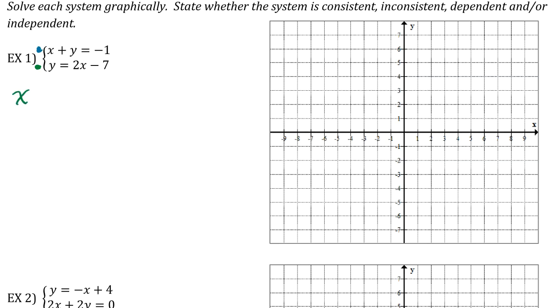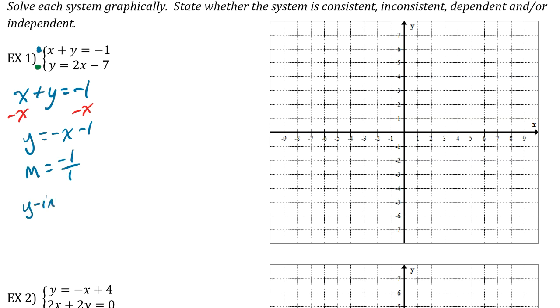So let's start with, already messing up my color coding. There we go. X plus y equals -1. All right, first thing we need to do is subtract x from both sides because y needs to be alone for this to work. So y equals -x minus 1. So we know our slope is -1 over 1.